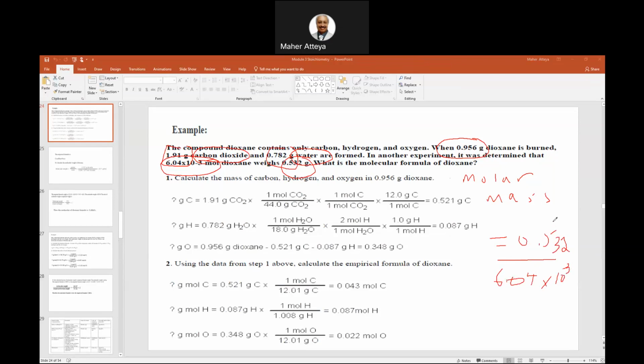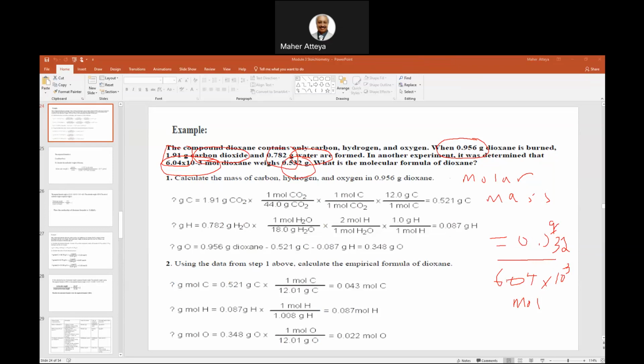So this is grams, and this is moles. This is the molar mass of the whole sample. So we know the whole mass. Now we have to look into the whole thing.